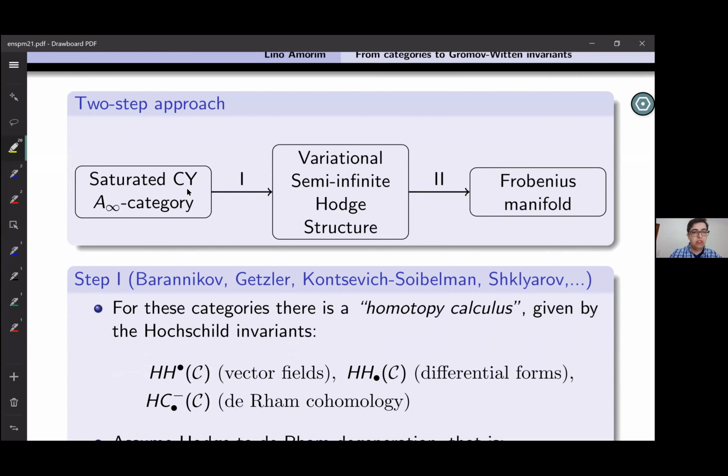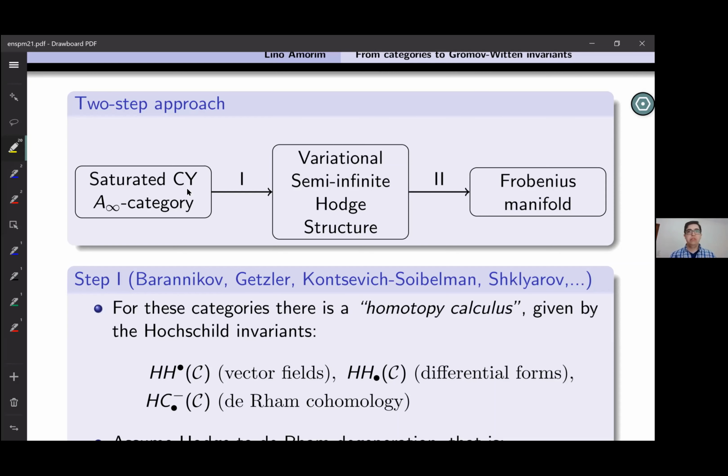If we think of your category as some sort of non-commutative space, the analogy is that we have all these invariants: Hochschild cohomology, homology, negative cyclic homology, and so on. The analogy they usually think of is that Hochschild cohomology is like vector fields, homology is like differential forms, and negative cyclic homology is like the de Rham cohomology of our space. They play those roles, and they have many of the same formal properties.